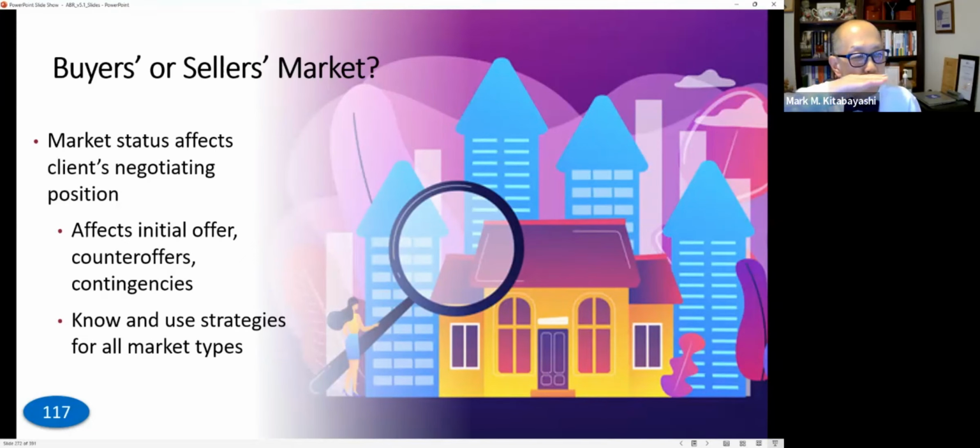And right now we are back to 100% as of yesterday. On average, people are paying 100% of what the seller is asking on all the sold houses. So market conditions make a lot of difference.